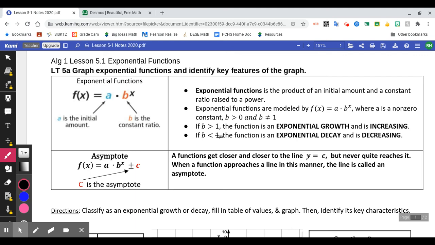We are going to learn how to graph an exponential function or an exponential equation, however you want to say it, and identify key features of the graph. So kind of like when we talk about a linear equation and we have slope and y-intercept, this is going to be the different parts of an exponential equation.